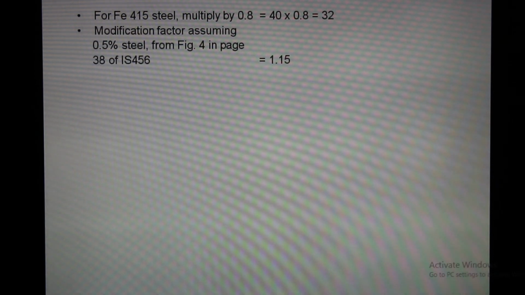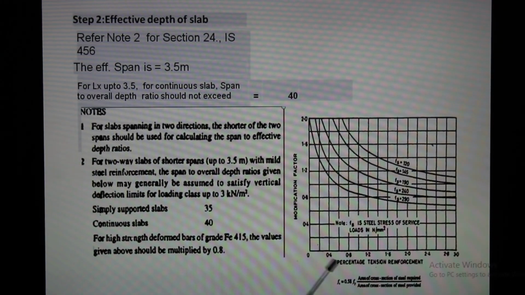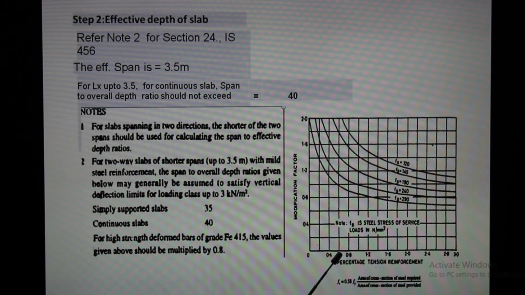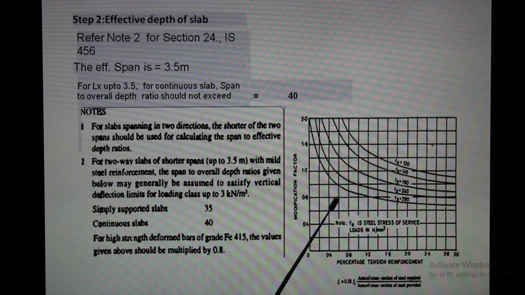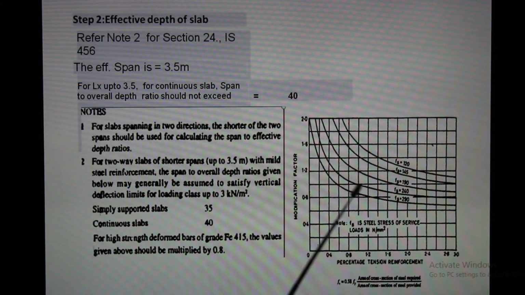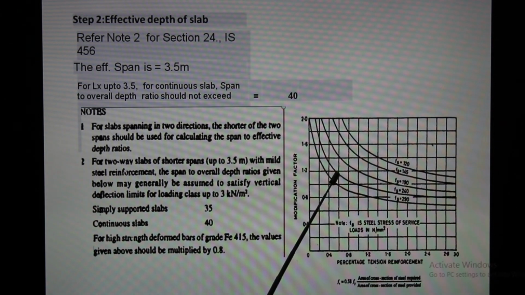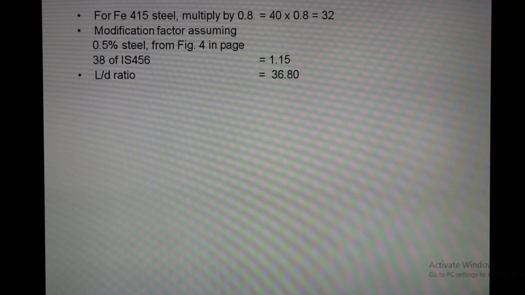Modification factor, assuming 0.5% steel, from Figure 4 on page 38 of IS 456. That is Figure 4. I am assuming 0.5% steel, and with this it goes to 1.15. Now the L by D ratio calculated is 36.8.